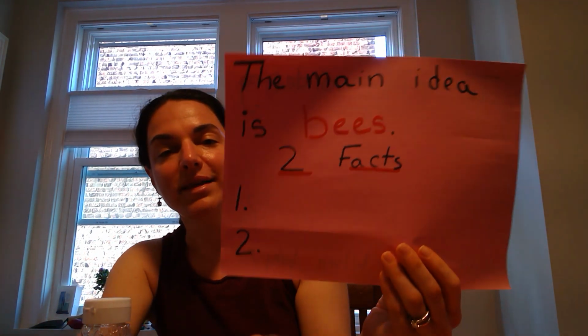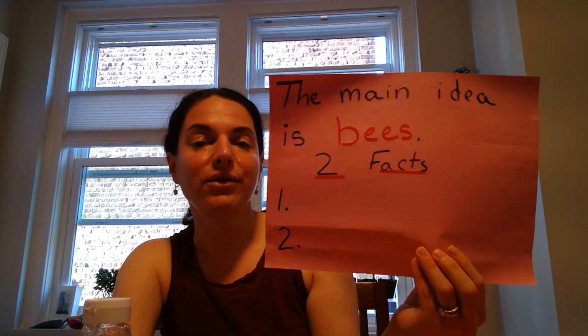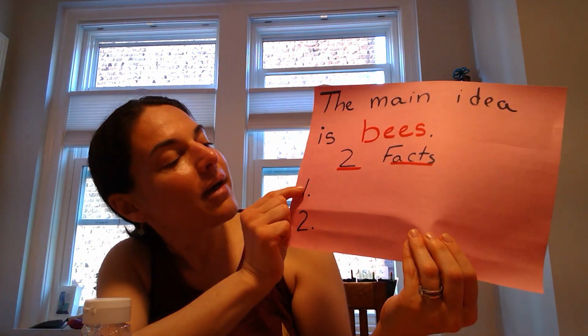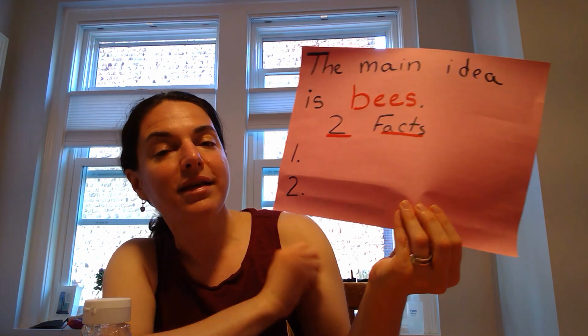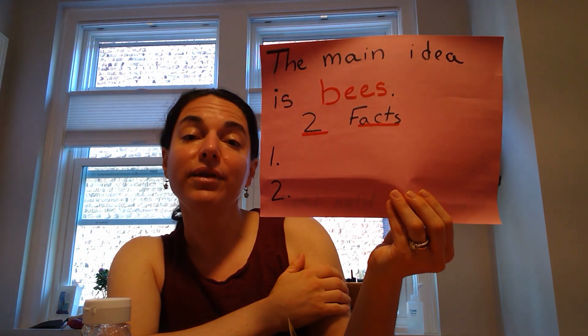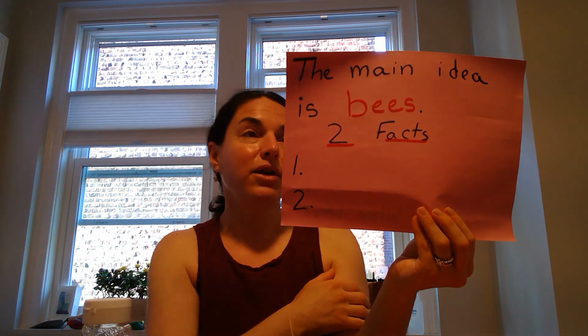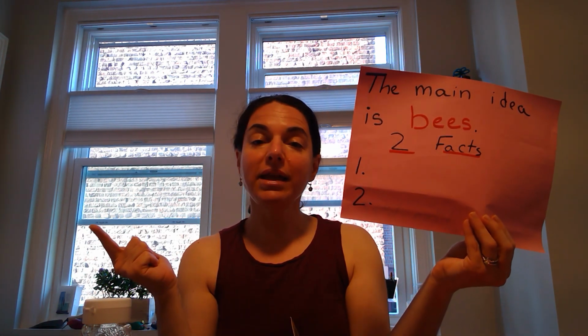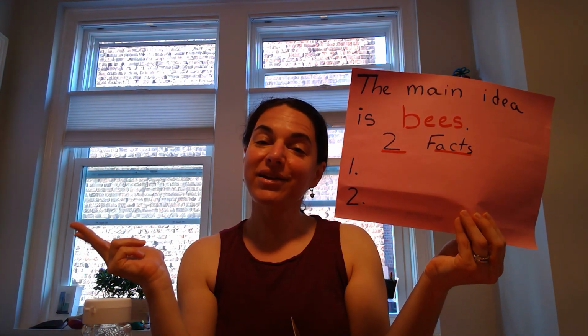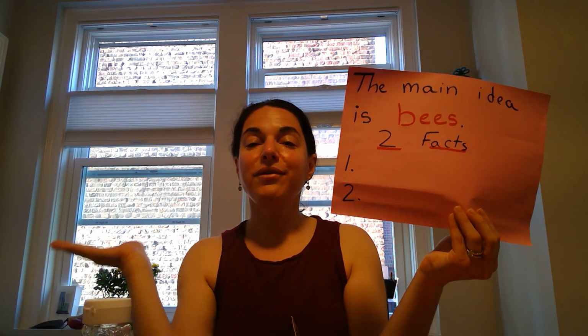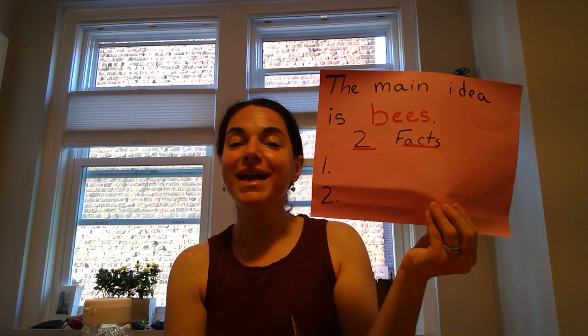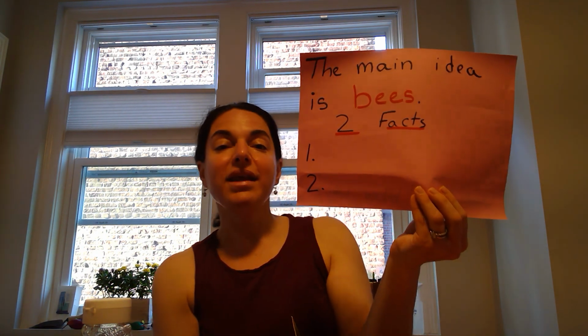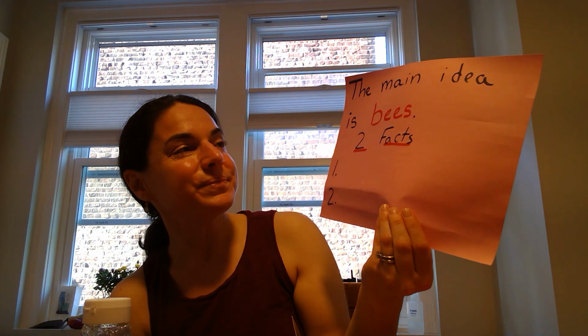For your assignment this week, I would like you to come up with 2 facts about bees, 2 things you learned. It could include bees make wax, bees help make honey, bees have pollen baskets on their legs to help bring pollen from one flower to another, and that baby bees eat pollen.